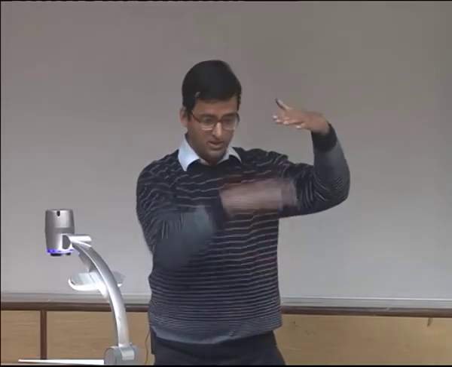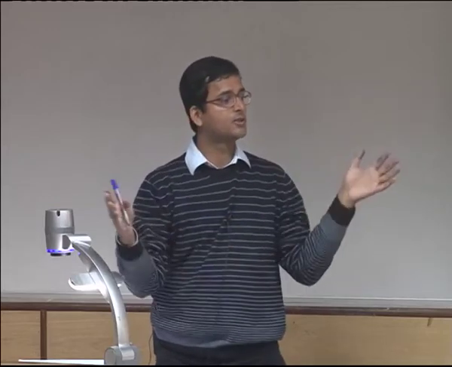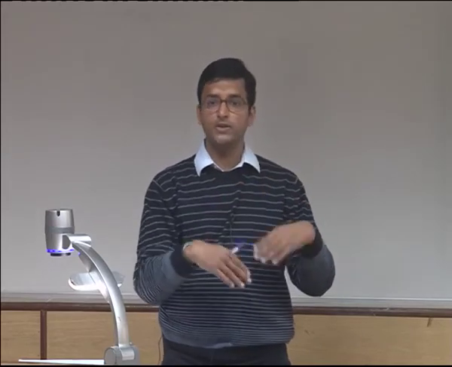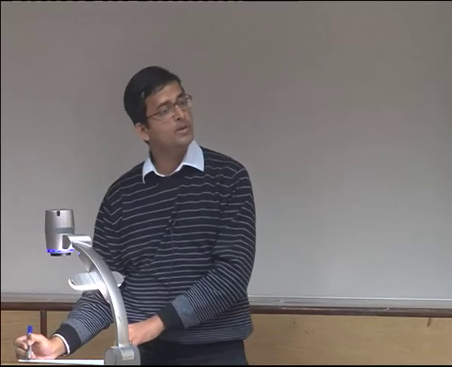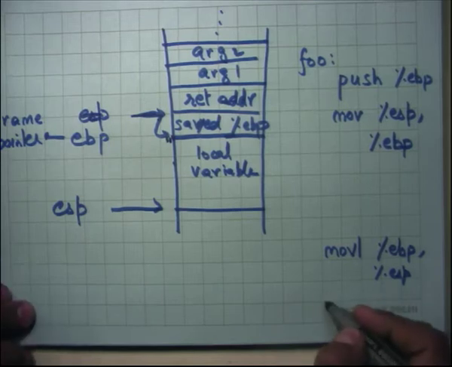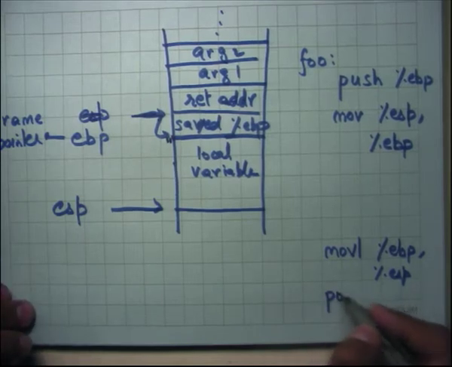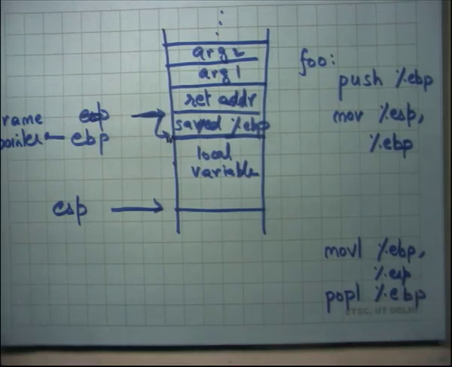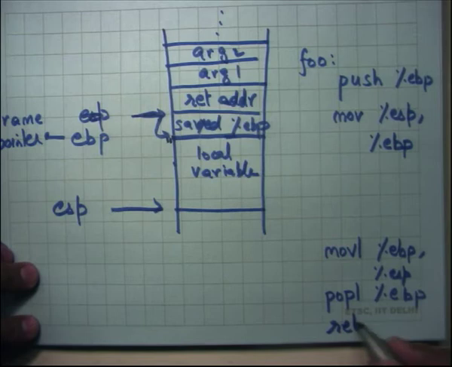I may have grown the stack a lot, I may have allocated lots of variables, I may have called lots of functions, and now one single instruction way of resetting the stack is just to say move EBP to ESP, because EBP is containing my frame pointer. So if I just say move EBP to ESP, I've reset the stack back up, and then I just say popl EBP. That's going to restore the saved EBP to my EBP, so I get the caller's EBP back into the EBP register, and then I say return.